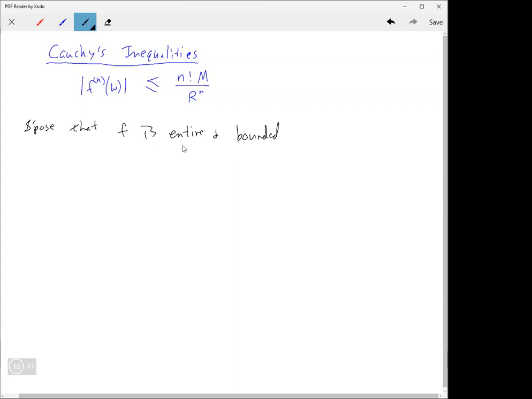You know what entire means, right? Bounded means that there exists a number M such that the modulus of f(z) is less than or equal to M for all z. That's what bounded means.